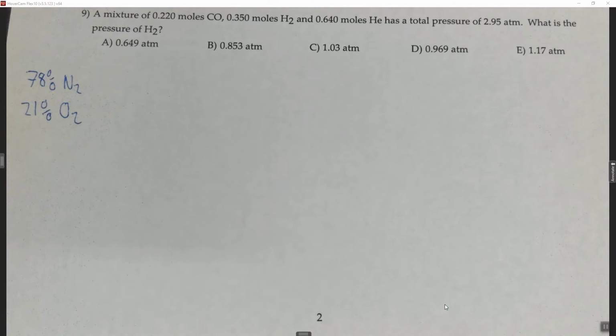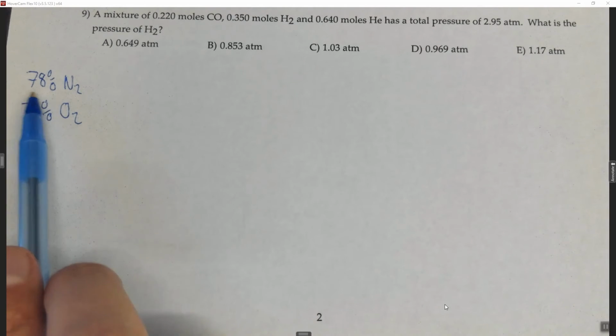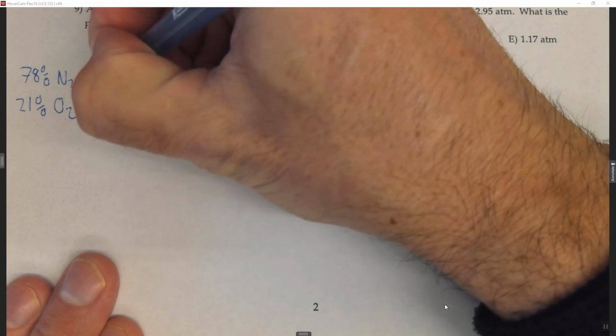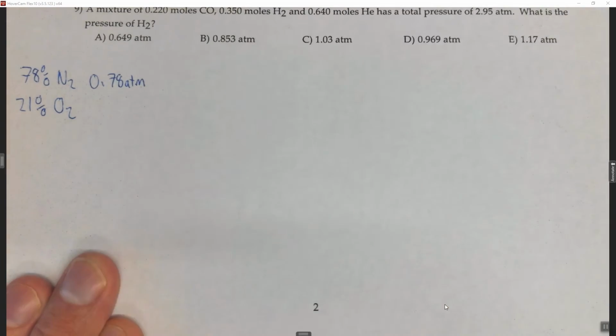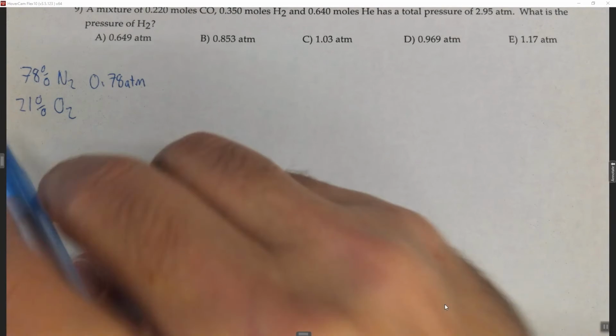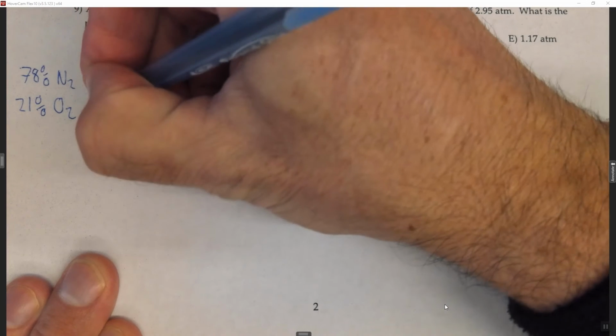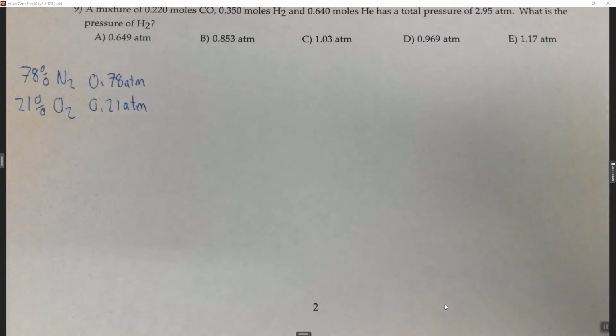Well, that means that 78% of the air pressure is coming from nitrogen molecules bouncing into you. Specifically, 0.78 atmospheres of pressure is from nitrogen bouncing into you. Oxygen is 21% of the air by moles, so about 0.21 atmospheres of the total 1 atmosphere of pressure is coming from oxygen. About 1% or 0.01 atmospheres is coming from argon, and then less than 1% for everything else.